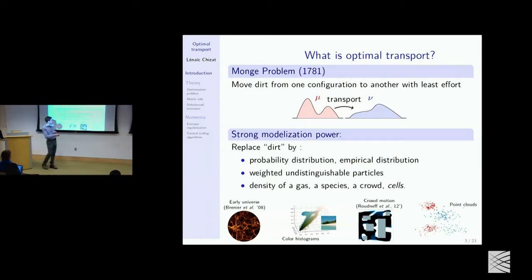Optimal transport has been used to study the early universe, where each particle of mass would be a cluster of galaxies. It has been used to process histograms of colors. It has been used to study crowd motions, and everything which can be represented as distributions of mass in a space can be dealt with optimal transport. And I will show you that optimal transport gives a nice structure between these kinds of objects.